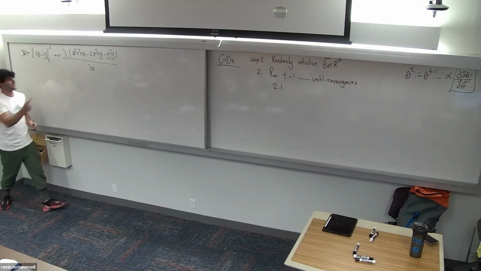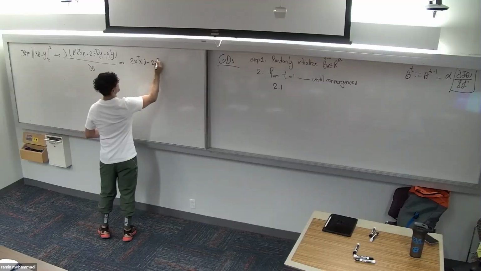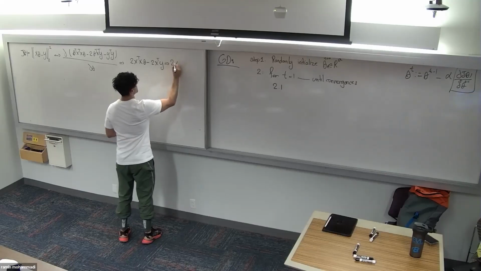Okay, so this basically gave us 2 x transpose x theta minus 2 x transpose y. If you simplify this, we have 2x transpose times x theta minus y.